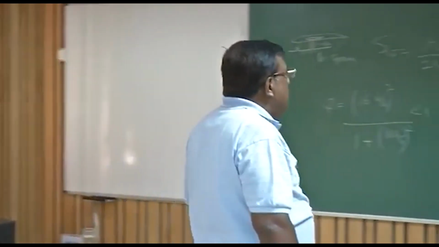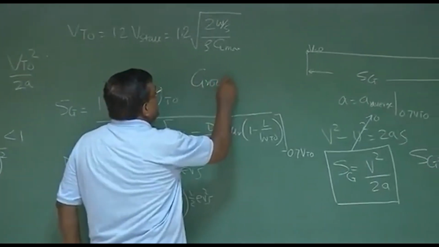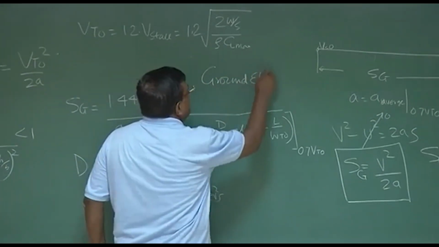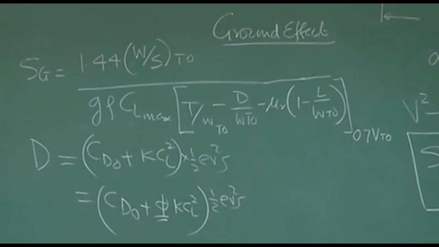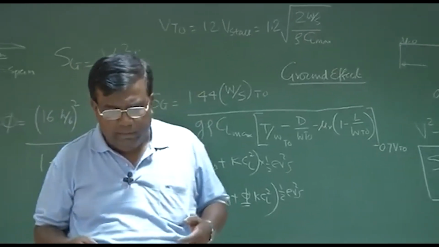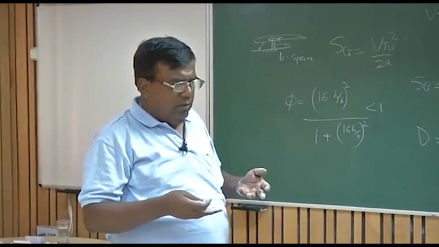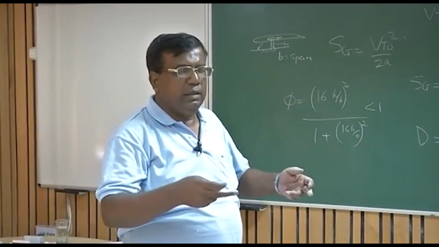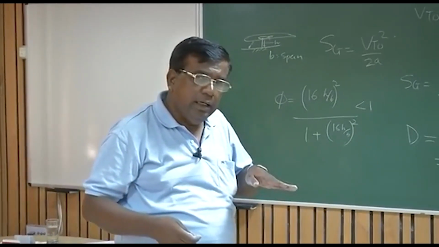Okay? So what is the new addition we have done? Because of ground effect, I am calling that ground effect. Again I repeat, very loosely, I am not going deep into it. The ground effect, in flight mechanics, in this case is the wingtip vortices which were generated when the airplane is accelerating and generating lift.